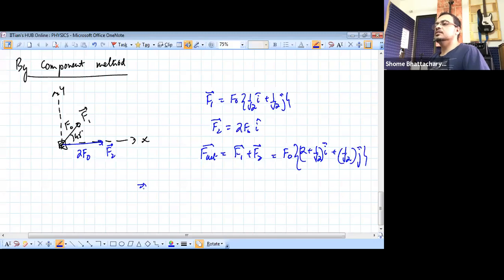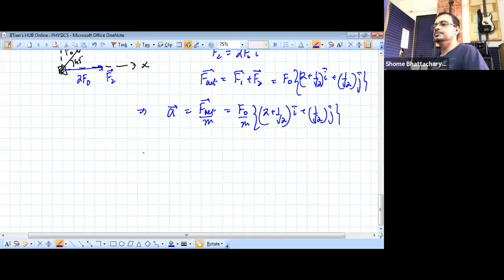So my acceleration would have been this net force divided by the mass. It would have been F0 by m into 2 plus 1 by root 2 i cap plus 1 by root 2 j cap.